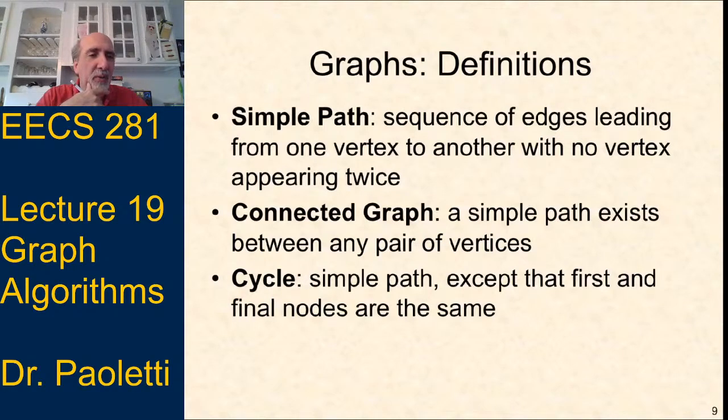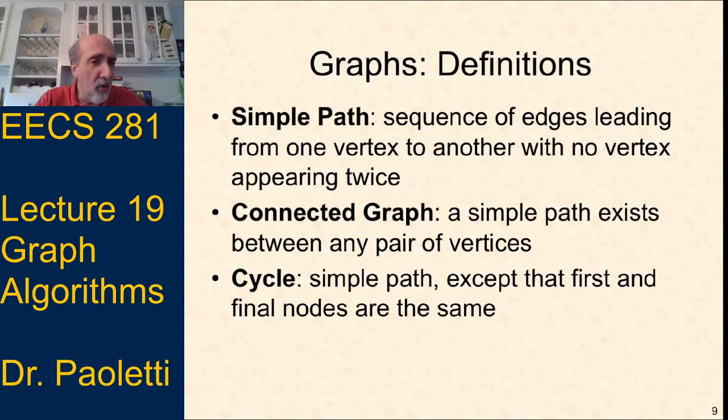Okay, so if we have a simple path, we've got a sequence of edges which lead from one vertex to another, and no vertex appears twice. So the word simple is used in the same sense here, that you don't have something repeated in the path.